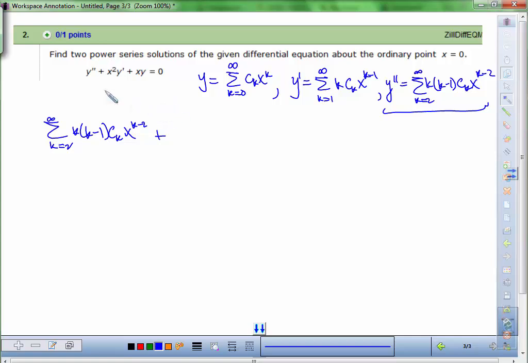We can choose to do that now or later. Let's do that a little bit later, because you're going to have to write this in over 2 or 3 pages anyways. K goes from 1 to infinity of k ck x to the k minus 1, plus another x that's going to be distributed to the y function, ck x to the k. K goes from 1 to infinity.